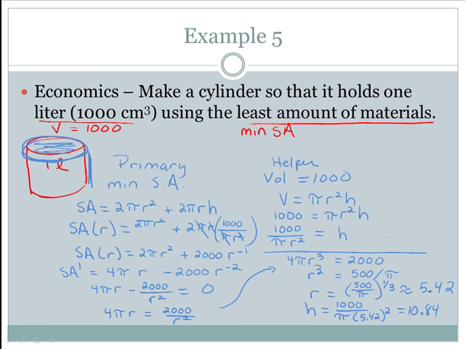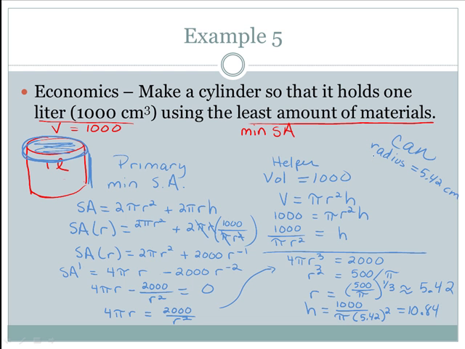So for my can, I need the radius to equal 5.42 centimeters and my height to be 10.84 centimeters in order for it to hold 1000 centimeters cubed. The question now, though, is whether the can with radius 5.42 and height 10.84 is the can that uses the least amount of material in order to hold 1000.